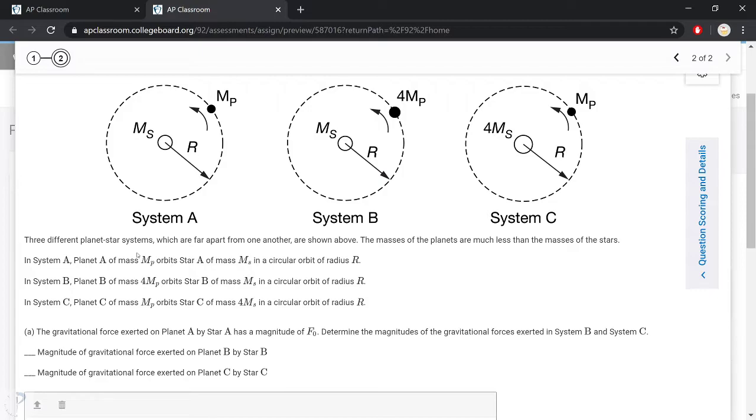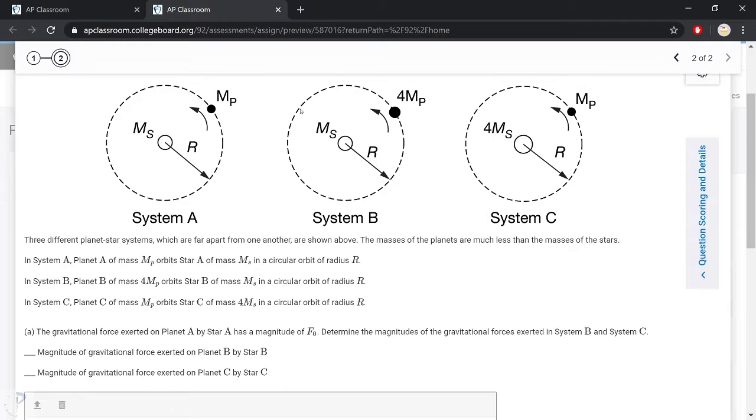In System A, planet A of mass MP orbits star A of mass MS in a circular orbit of radius r. B has 4 times the mass for the planet, so it's a bigger planet, and C has a bigger star.